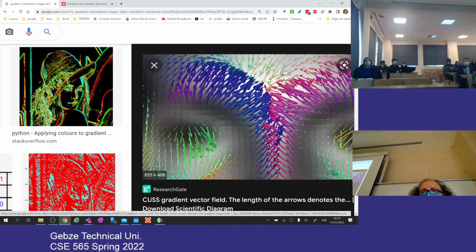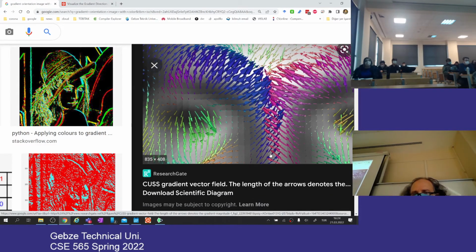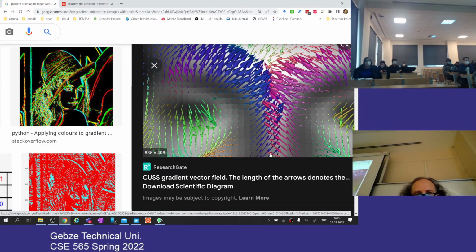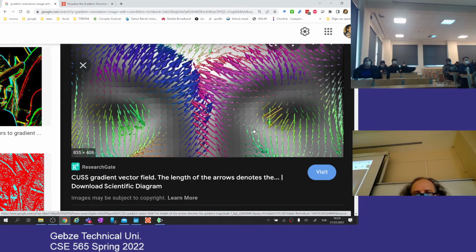So different directions are marked with a different color. The arrows going this way are pinkish, and arrows going this way are bluish, and these are going down.